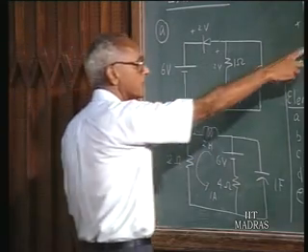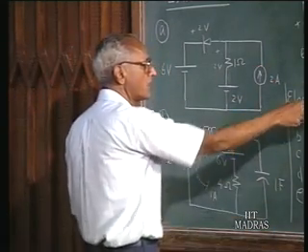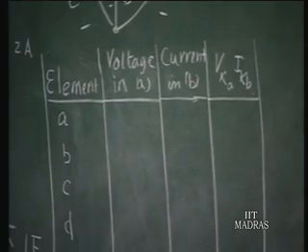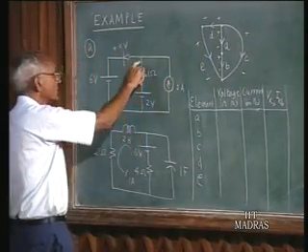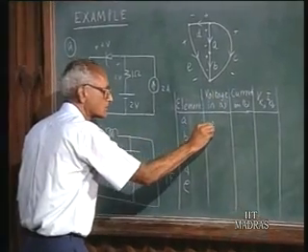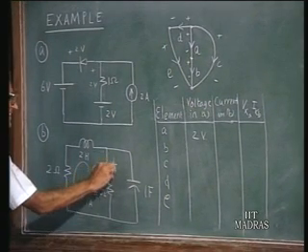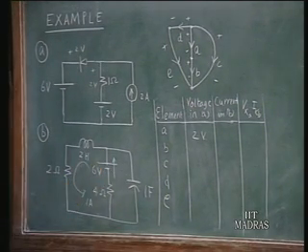So I have written here A, B, C, D, E, the elements, and the voltage of this element in the A network. Element A is this, so this is 2 volts. And the current in this is in this direction, that is 1 ampere.